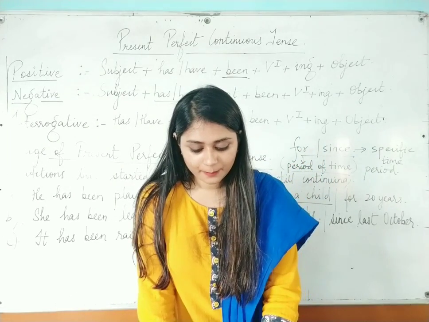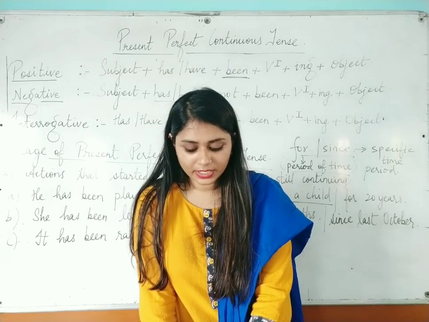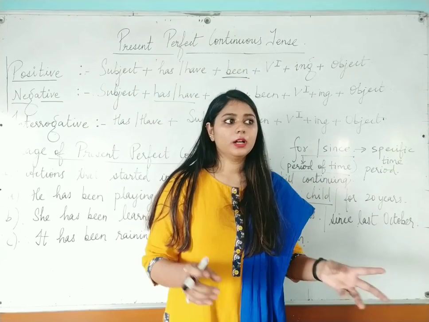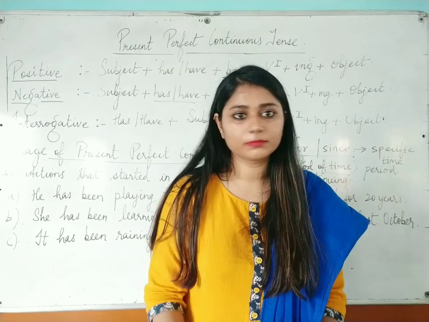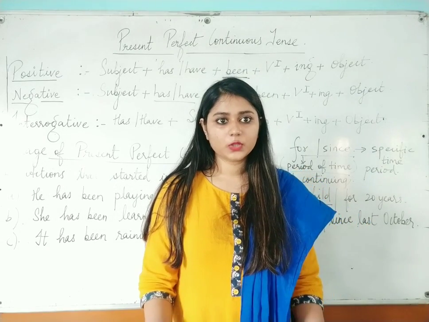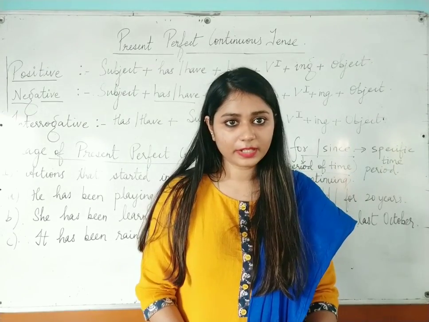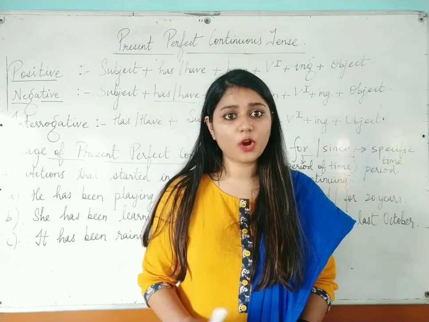Okay, next example is that Kakoli has bought 3 sarees for herself. So over here the emphasis is on the result of the activity described, that the result is that she has bought 3 sarees. At what time she has bought it, we don't know that. Okay, so we are more focused on the result rather than on the duration of time. So this is the difference between present perfect tense and present perfect continuous tense.